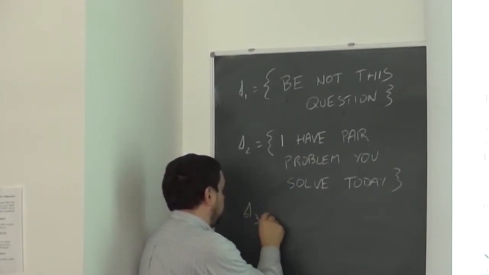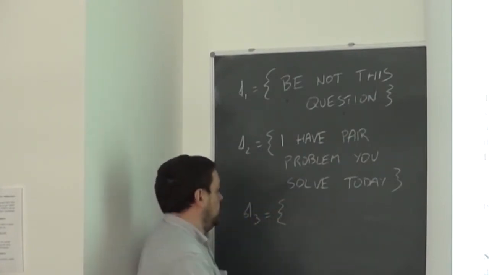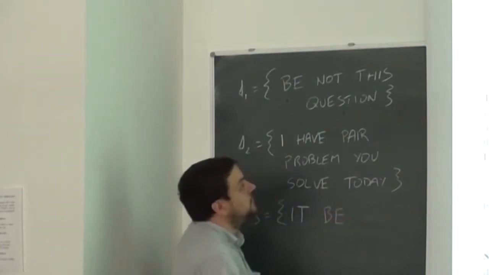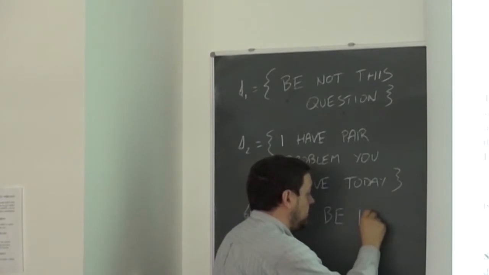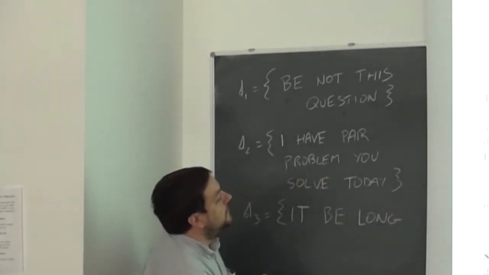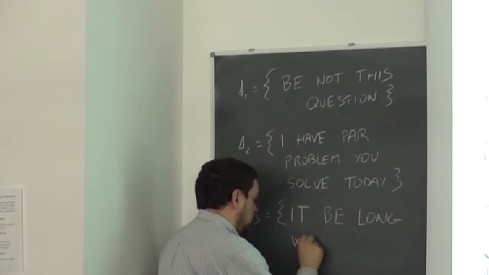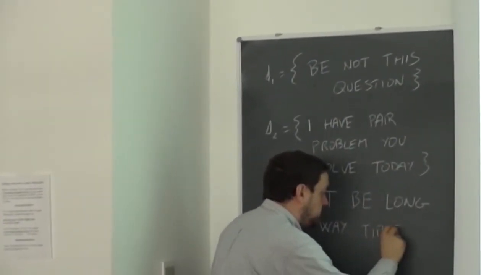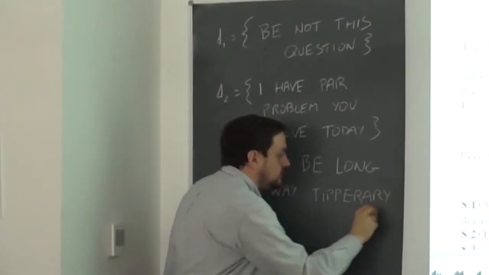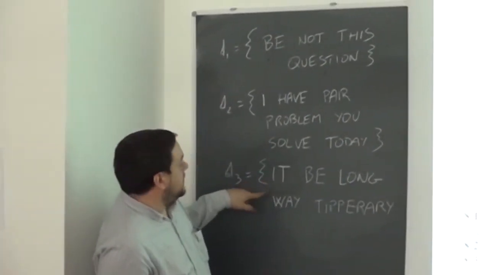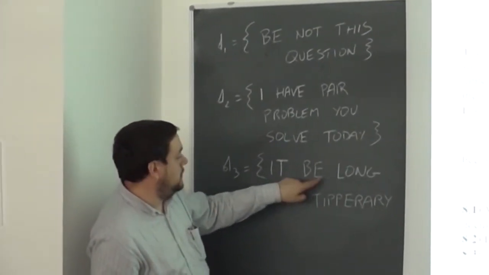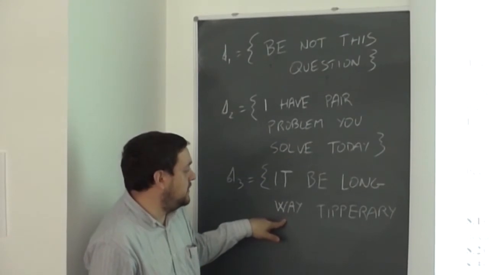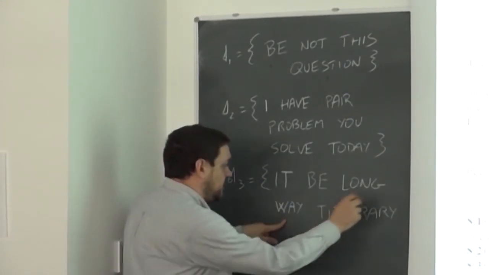Document D3, the pronoun it, the verb be, the adjective long, the noun way, preposition to is discarded, the noun temporary, then again it, be, long, way, so I discard them because they already appear, and finally the verb go.